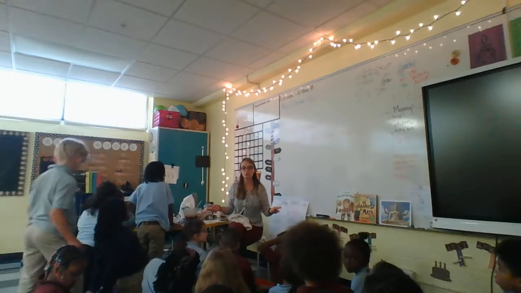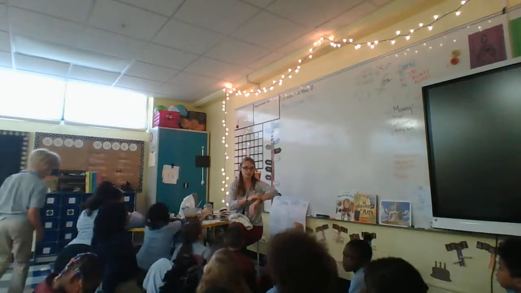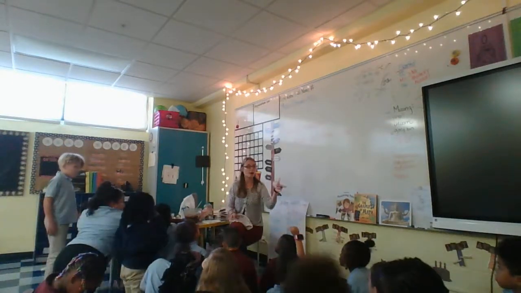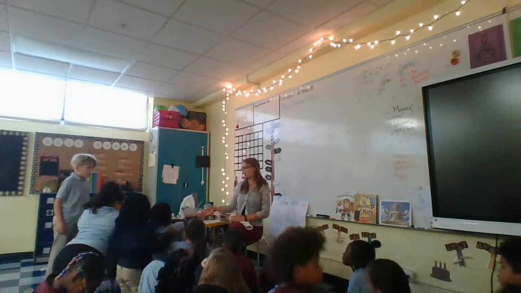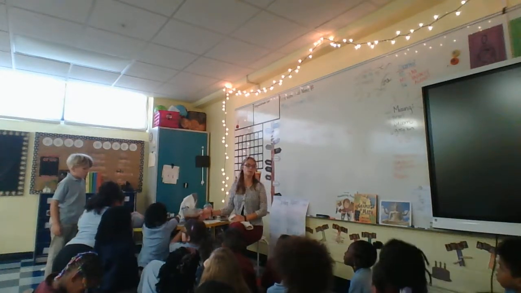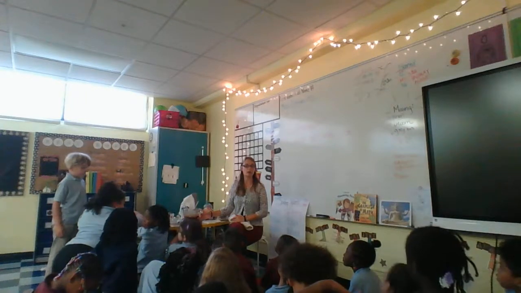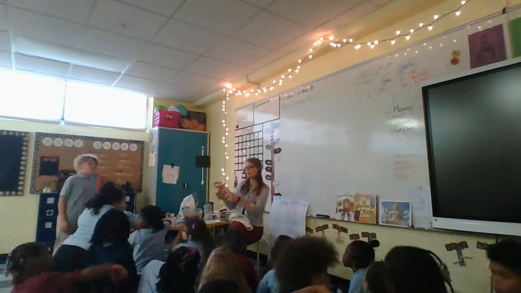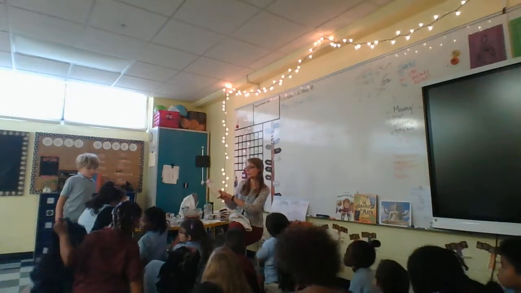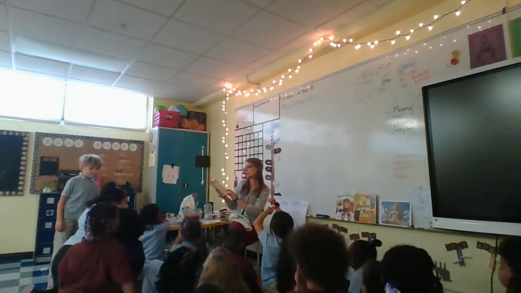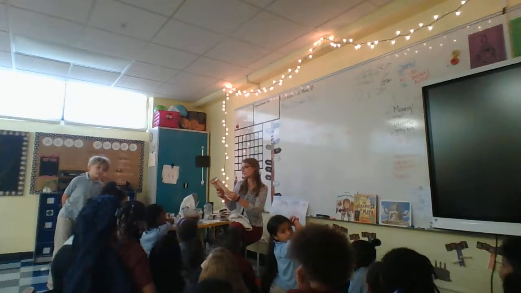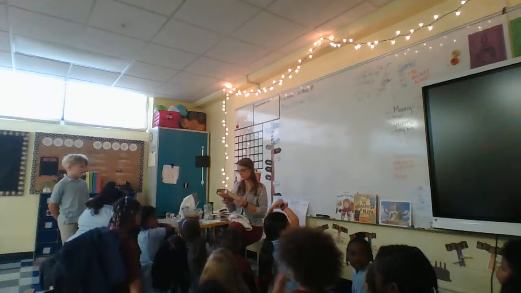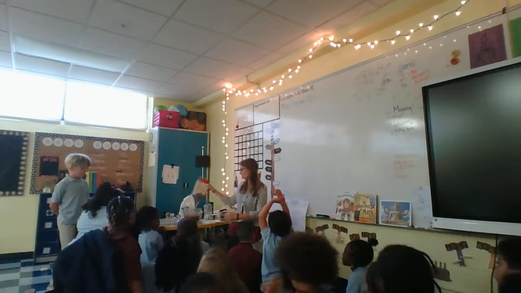Something else you need to measure is time. You need to measure how hot it is and time. Because if I'm cooking brownies for 45 minutes, when they come out, they are going to be burned. But if I follow the directions on the box, it says that I need to let them cook for 30 minutes.